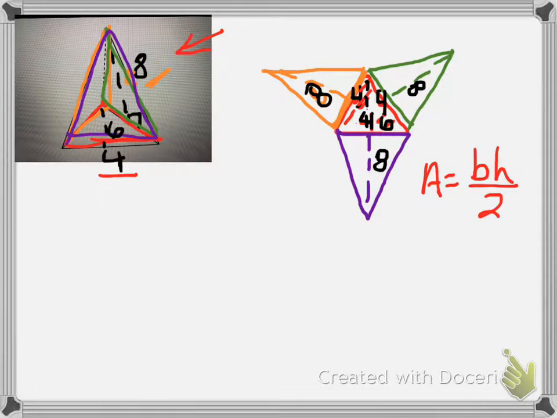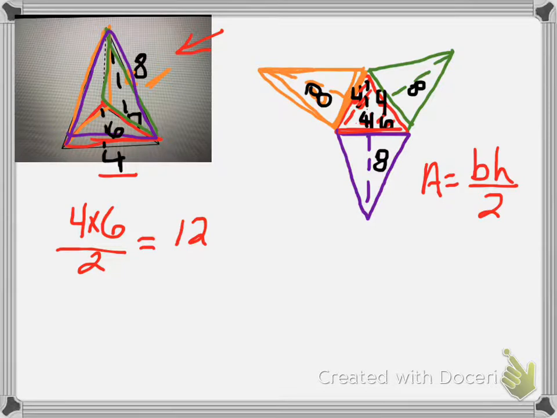So the height of our base triangle is 6, and the base right here is 4. To find the area of this red triangle, it's base 4 times height 6 divided by 2. So 4 times 6 is 24, divided by 2 is 12. All right, let's find the area of our orange triangle.